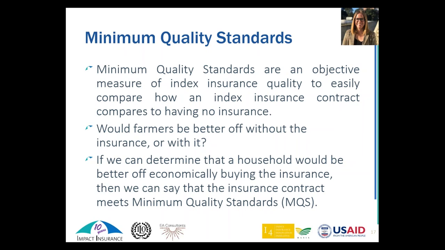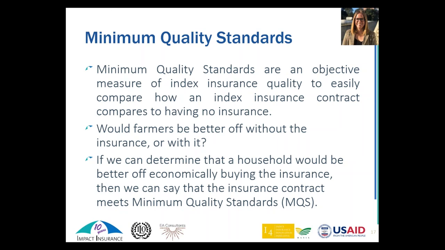So we introduced minimum quality standards out of University of California, Davis, which is incorporated into the 3D tool. And the minimum quality standards are an objective measure of index insurance quality to easily compare how an index insurance contract compares to having no insurance. Basically, we're asking the question, would farmers be better off without the insurance or with it?